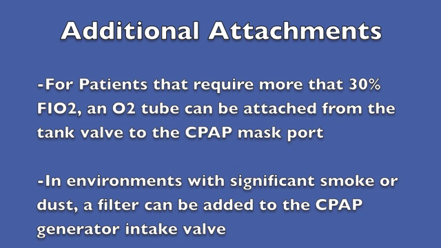For patients that require more than 30% FiO2, a tube can be attached from the tank to the CPAP mask port. In environments with significant smoke or dust, a filter can be added to the CPAP generator intake valve.